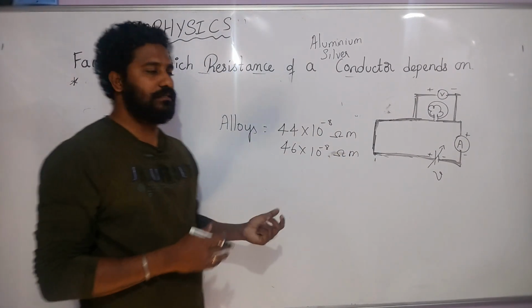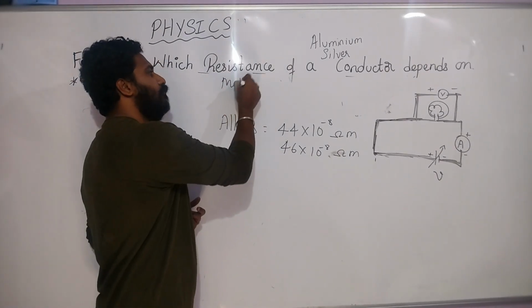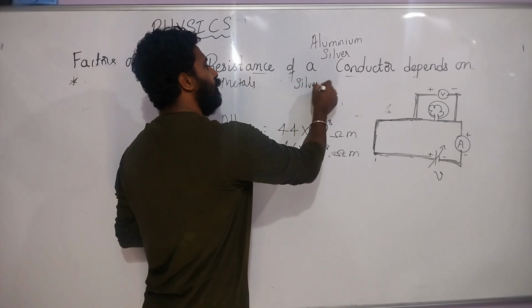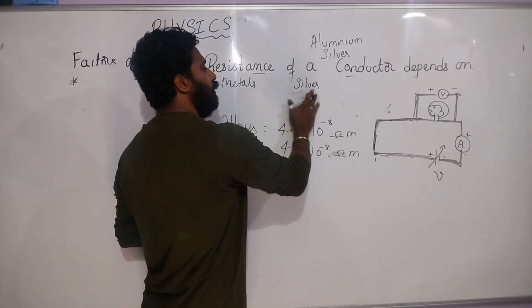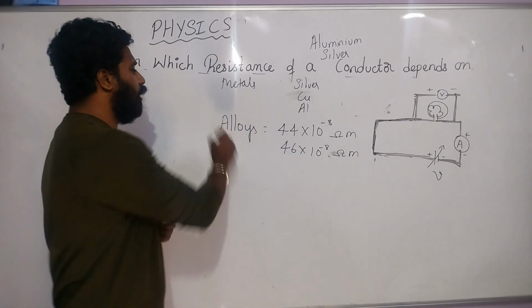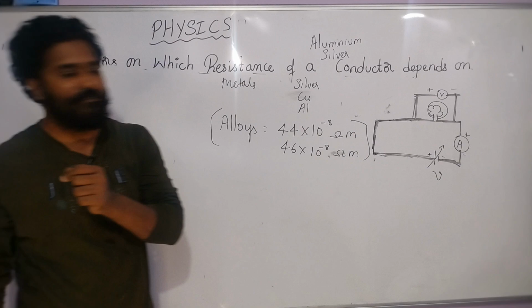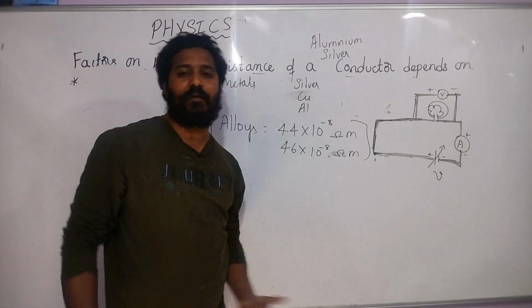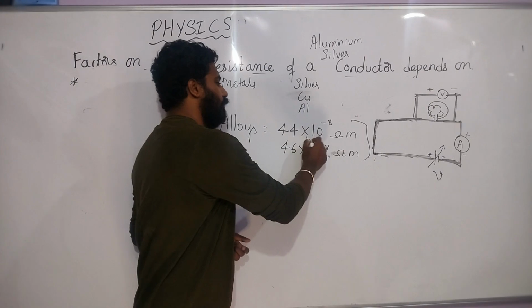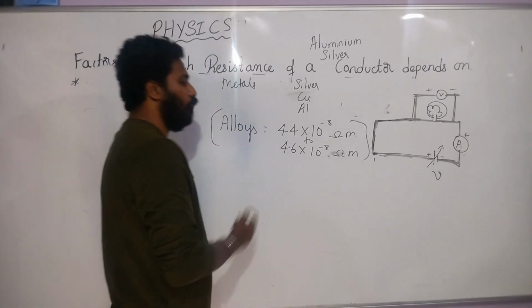Generally they have higher resistivity than metals. Just now I showed you the metals: silver, aluminium, and copper. But alloys have resistivity ranging from 44 × 10^-8 ohm meter to 46 or so × 10^-8 ohm meter.